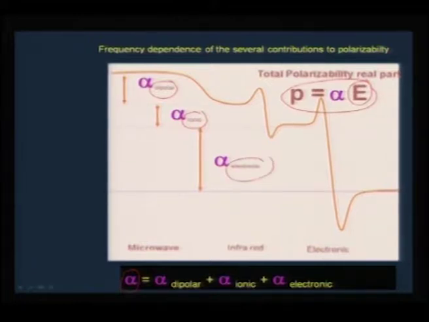But if you look at the frequency mapping and which polarizability factors become active in the microwave region, the dipolar and ionic contributions are maximum. Therefore, the interaction of microwave radiation with matter is principally governed by these two mechanisms.